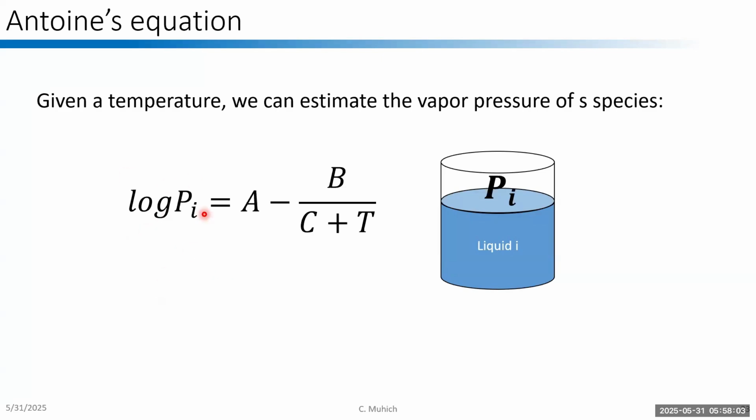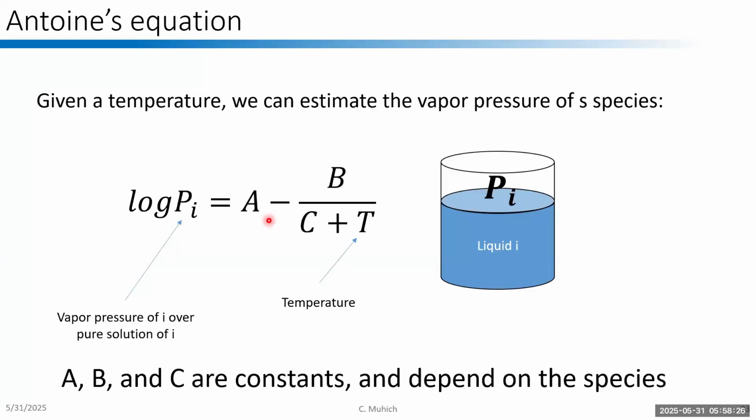So this says that the partial pressure of species i over its pure solution, so no mixtures, just say pure water, pure ethanol, pure butanol, whatever, the log of that is equal to A minus B over C plus T, where T is our temperature, and A, B, and C are constants.